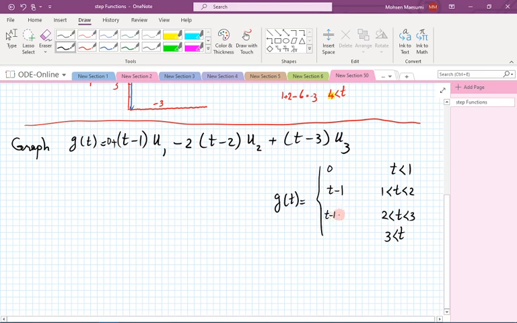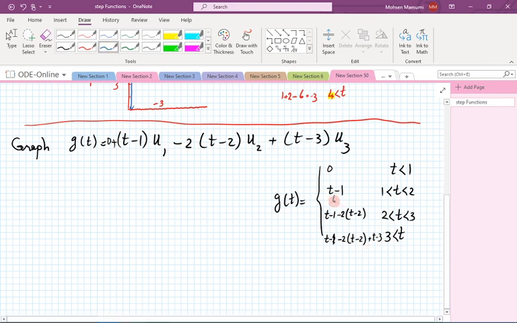The second one is a draw of 2 times t minus 2. After time 3, all switches are on, and so you have t minus 1 minus 2 times t minus 2 plus t minus 3.